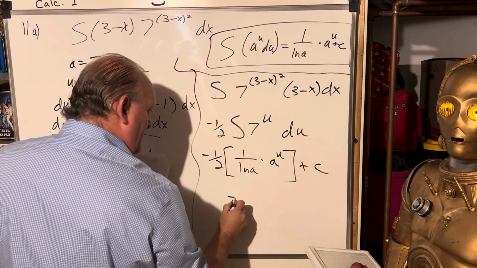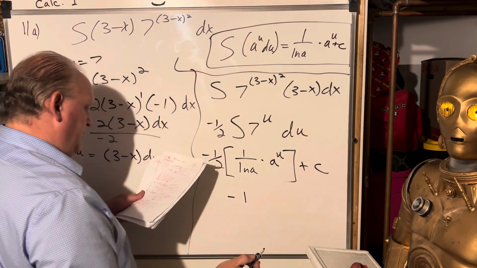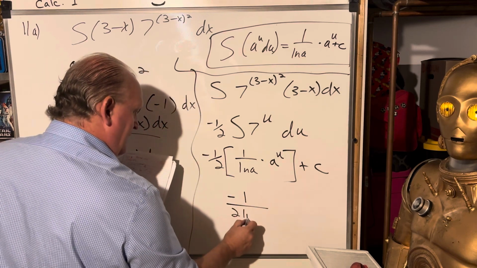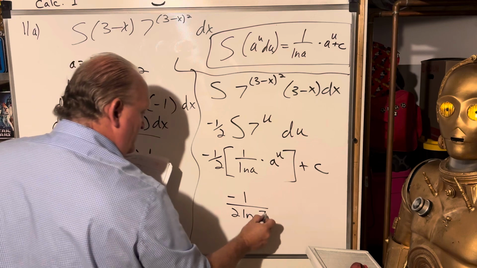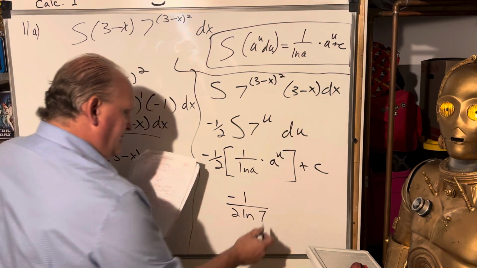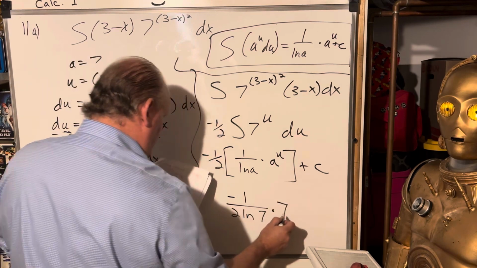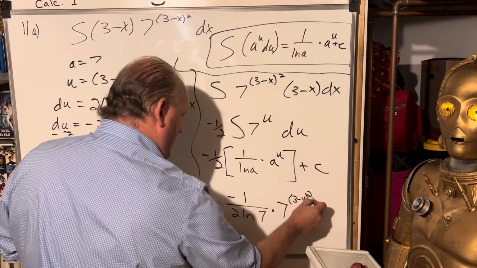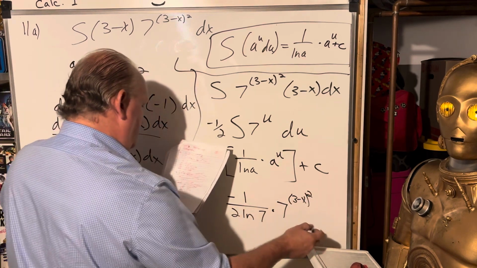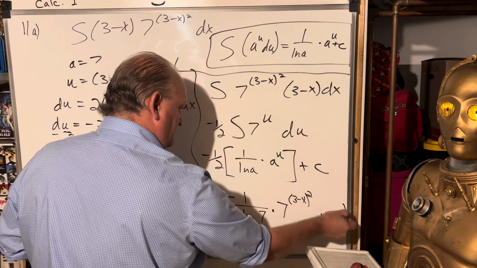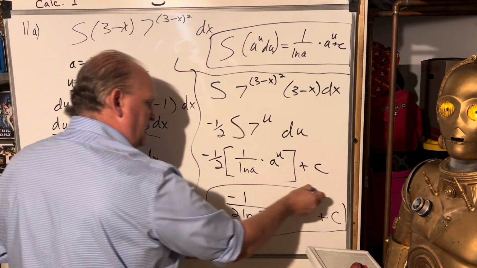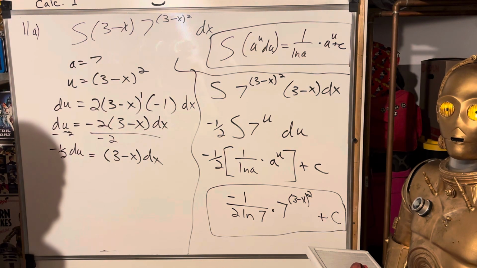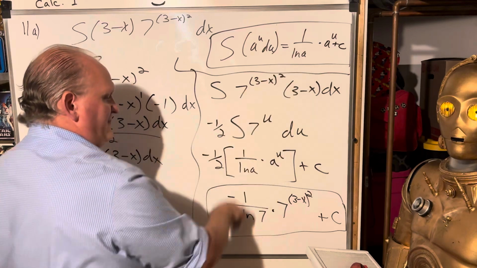So negative 1 over 2 ln a, we said a was 7, so the natural log of 7, times 7 to the 3 minus x squared, and then plus c. So it looks like a really awful answer, but really at the end of the day, we were just subbing everything back from that formula.